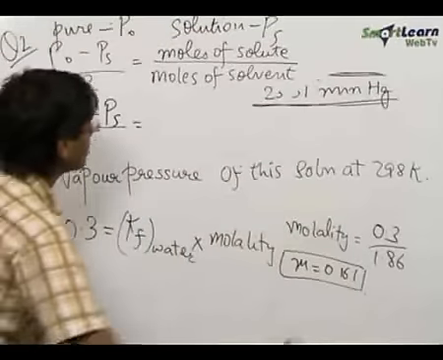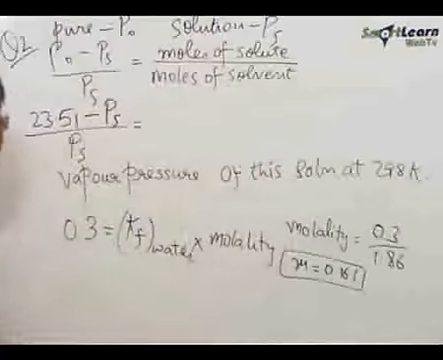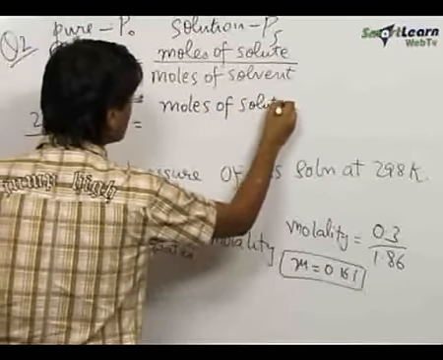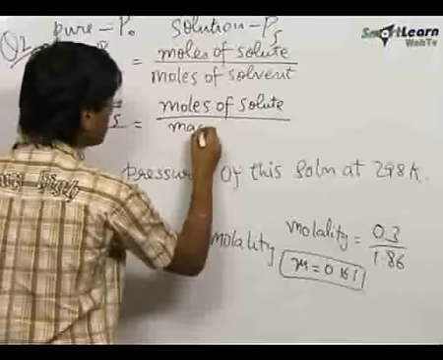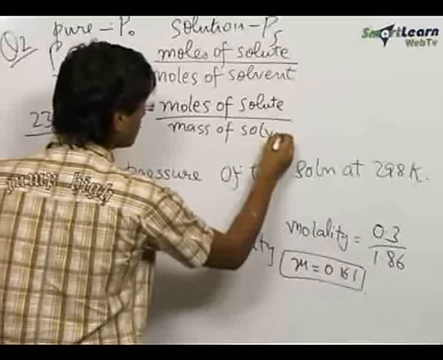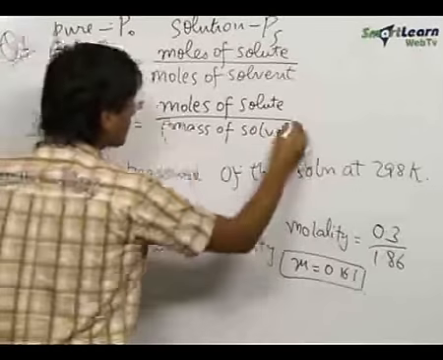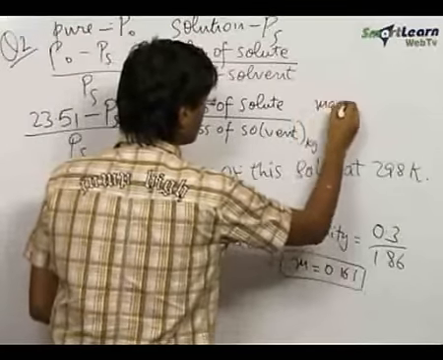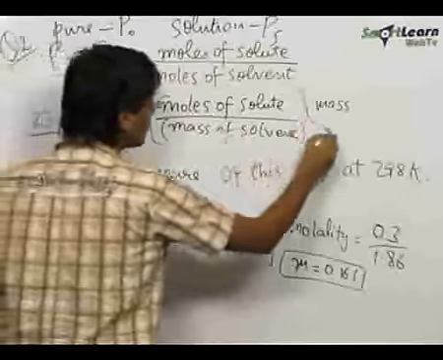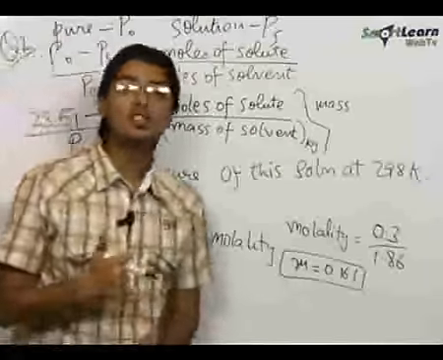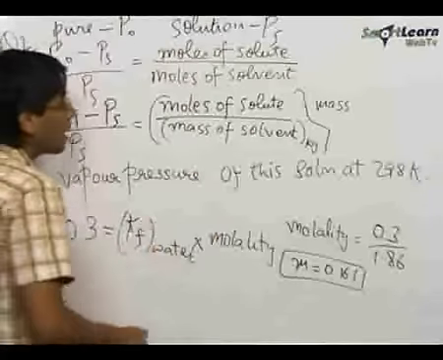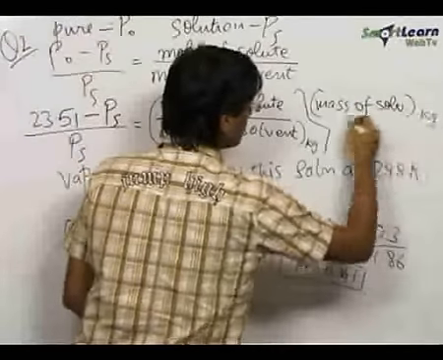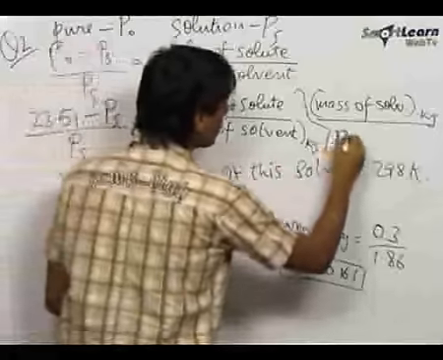So what we can do is divide and multiply by the mass of solvent in kilograms, so that this gets converted into molality, because we know that molality is equal to moles of solute divided by mass of solvent in kilograms, divided by moles of solvent.